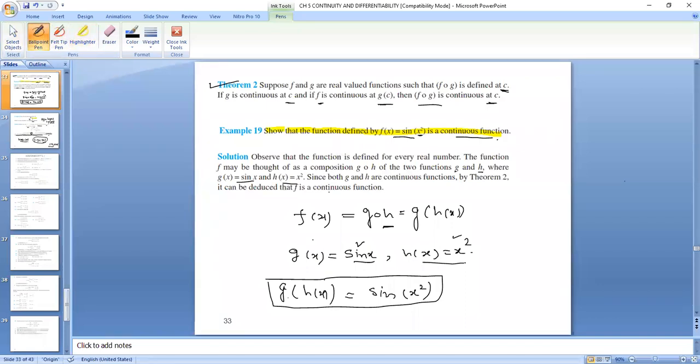So now also in this question, you will take a function g(x) is equal to sin x, h(x) is equal to x square. After that, you will prove that g(x) is equal to sin x is a continuous function.